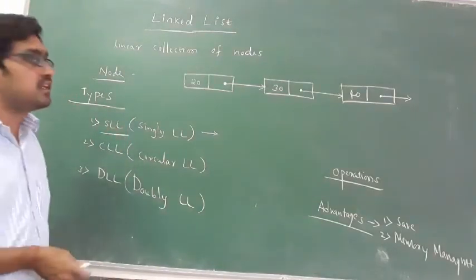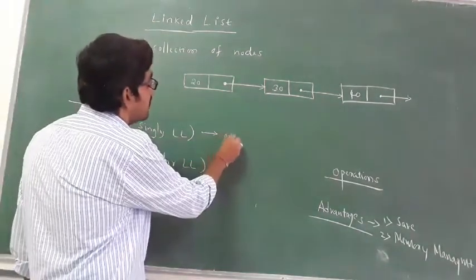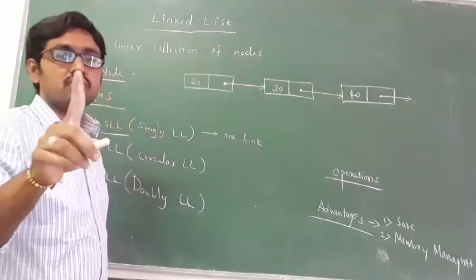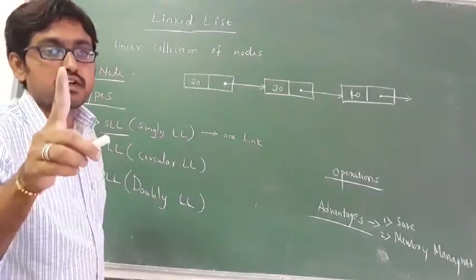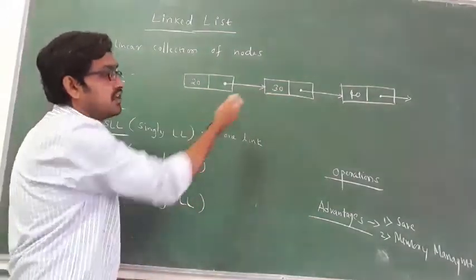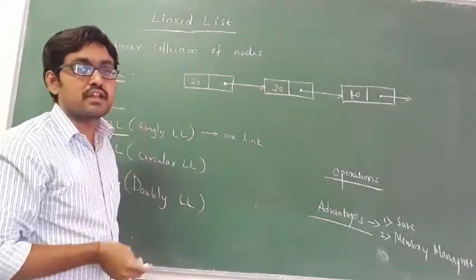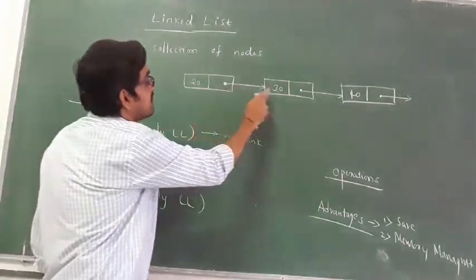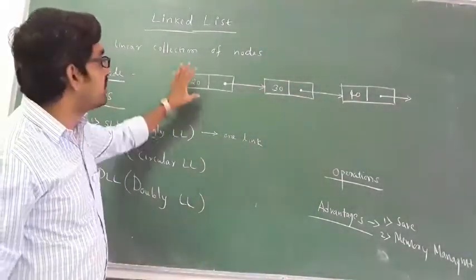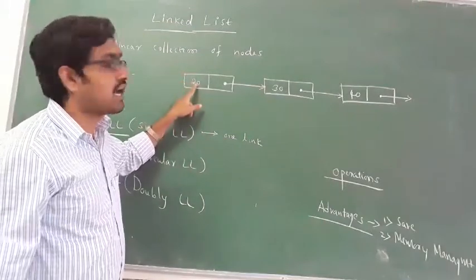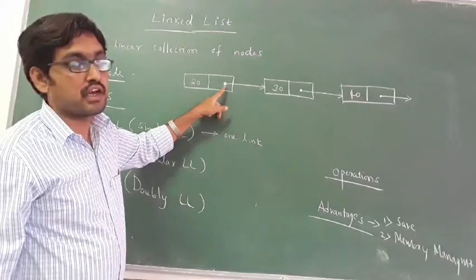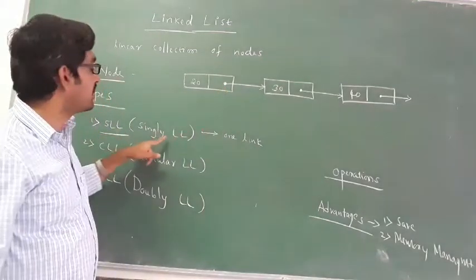Singly linked list means you have only one link. Every node has only one link. One link means single link. This is an example of a singly linked list. Every node contains one data field and one link field, and that's why its name is singly linked list.